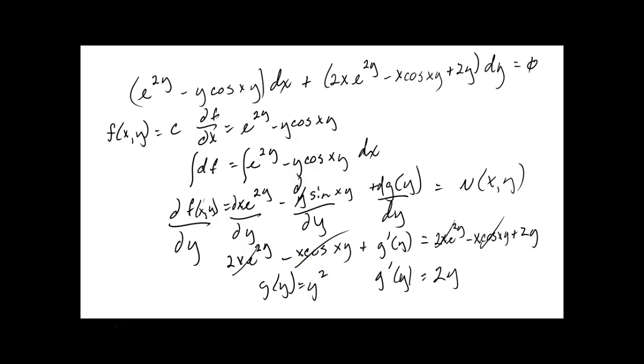Okay, you don't need to put a constant in here, because we're going to come up here and plug back into where we had this before we wrote all that mess in there. And we had f of xy is equal to x e to the 2y minus sine of xy plus y squared.